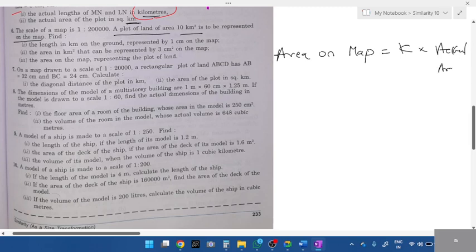Area on map is not given, students, keep it as it is. What is K value? K value is 1 by 2 lakhs, sorry, 2 lakhs. What is area on land given? 10 square kilometers.